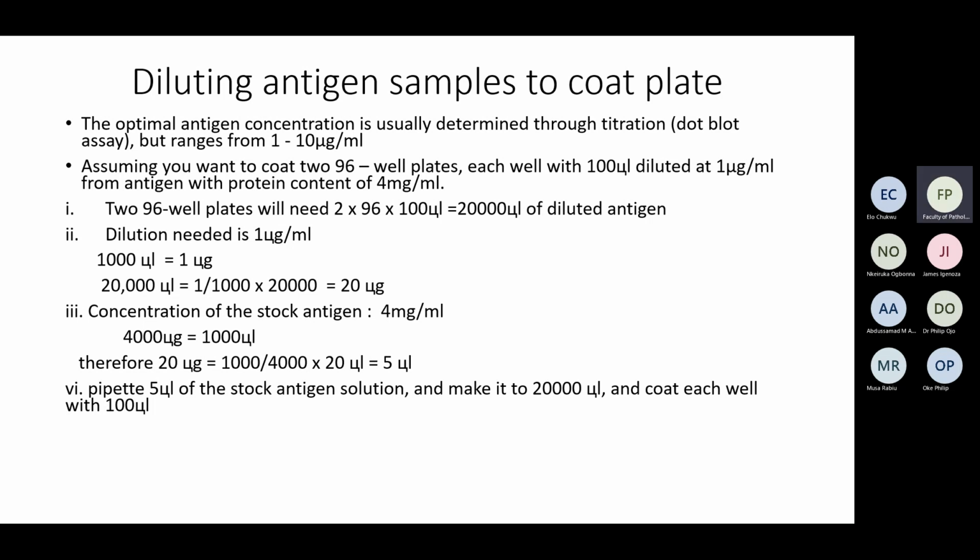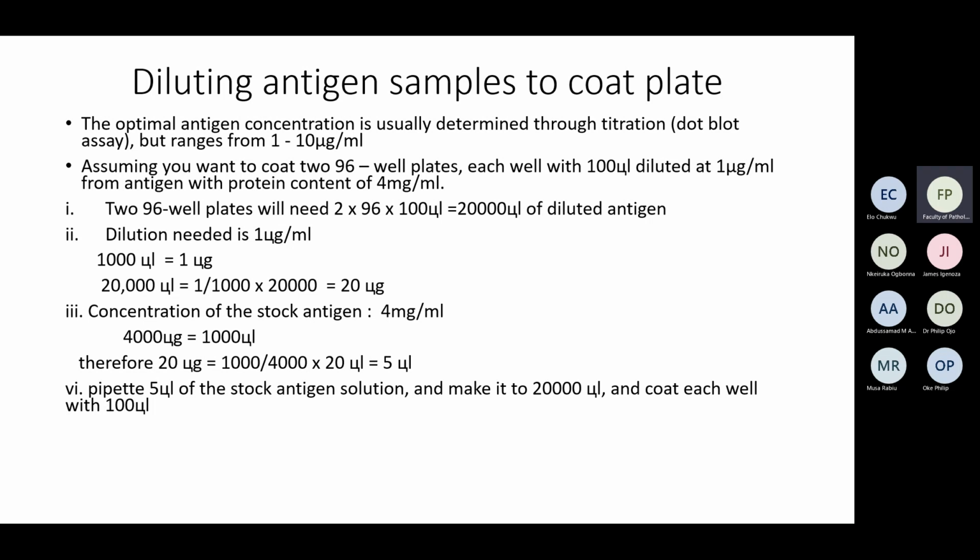That is, each microliter of your diluted antigen should contain 1 microgram. But you are going to need 20,000 microliters.